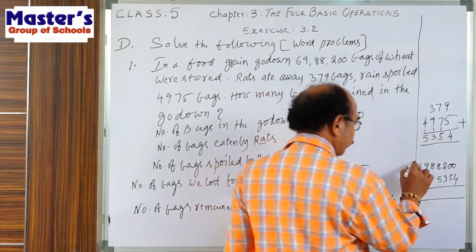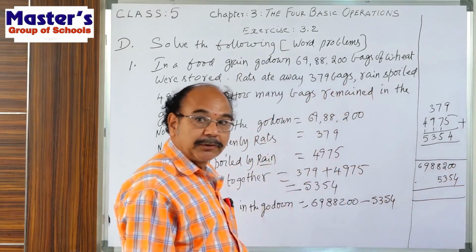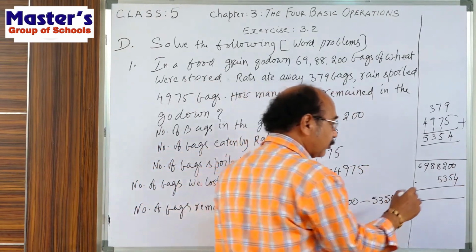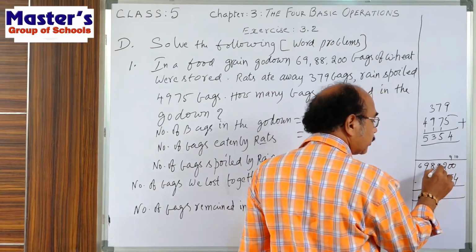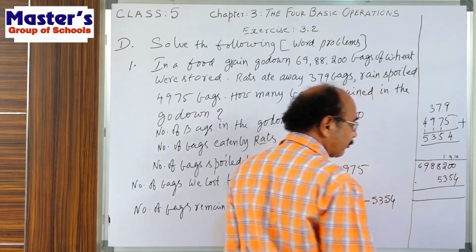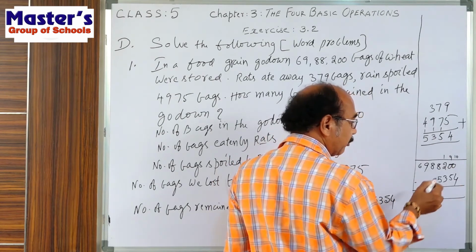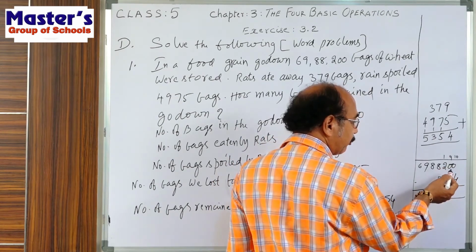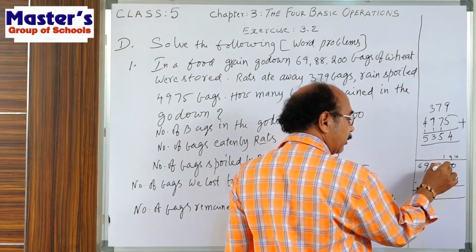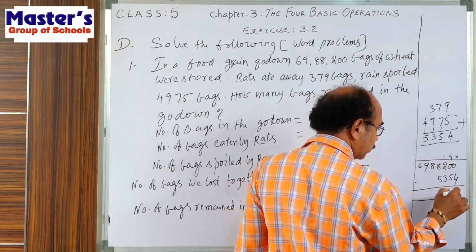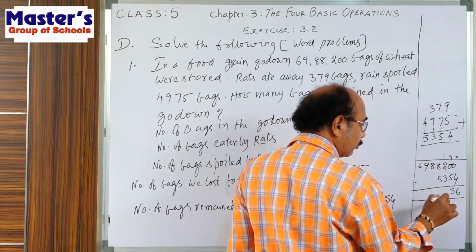Here 0 minus 4, subtraction is not possible. Take borrow. The 2 is giving the borrow, that's why you write here 1, and here 9, here 10. 10 minus 4 is 6. Here 9 minus 5, 4.